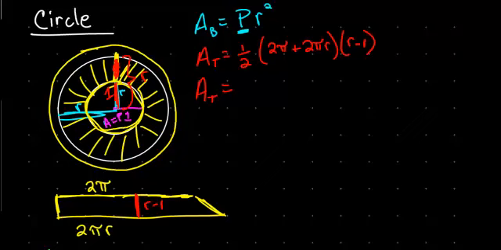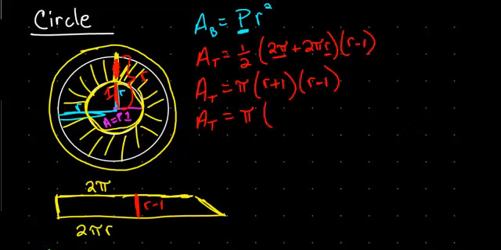Note that the 2 with the 1/2 will cancel each other, and it leaves me with pi times (r plus 1) times (r minus 1). And so the area of the trapezoid equals pi times, do your distributive property here, r squared minus 1. A minus b times a plus b is a squared minus b squared.